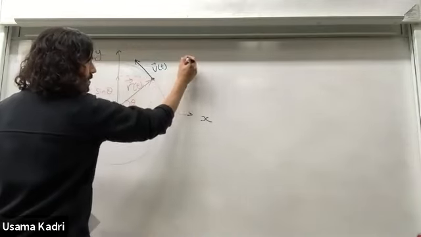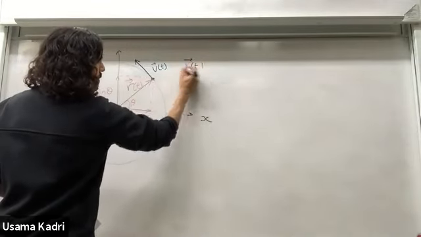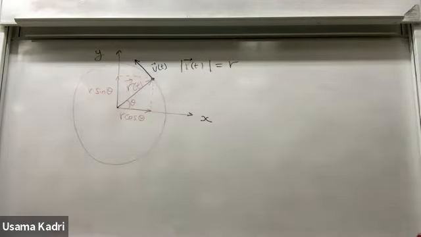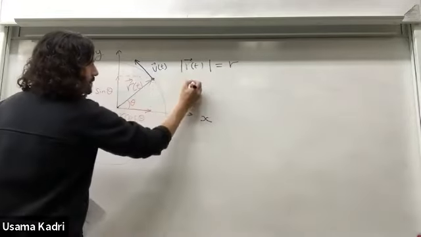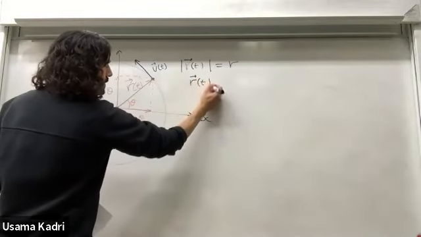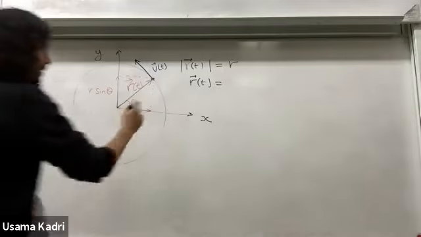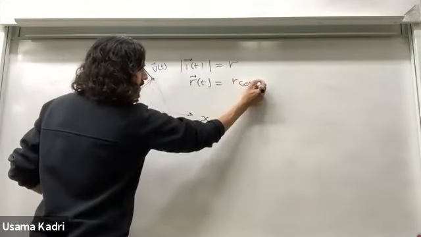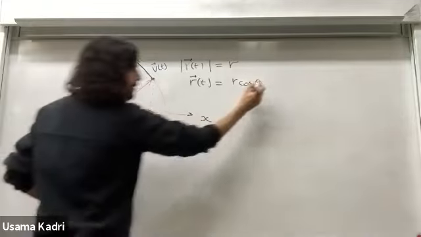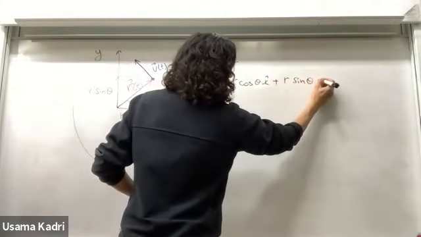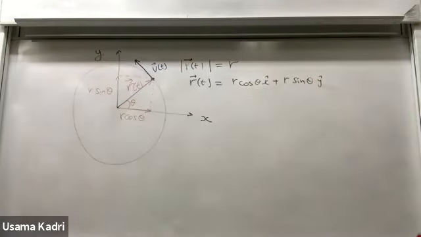I already said that the position vector, the magnitude is simply r. It's the radius. The radius is not changing. So I can write r(t), I decomposed it: r cosine theta in the x direction plus r sine theta in the y direction.